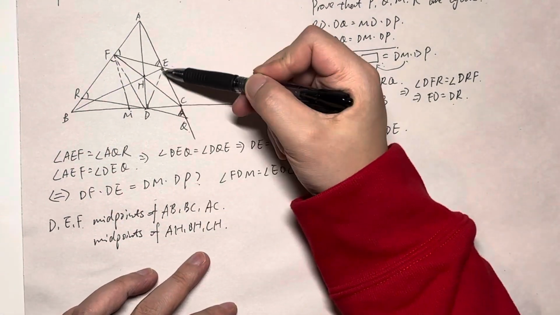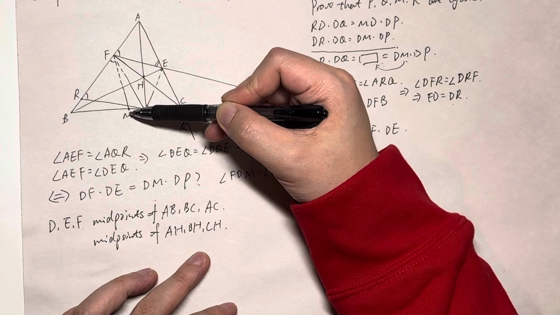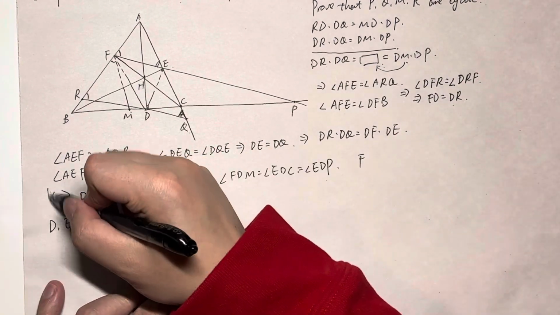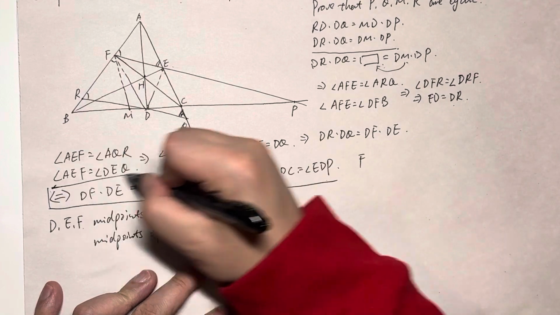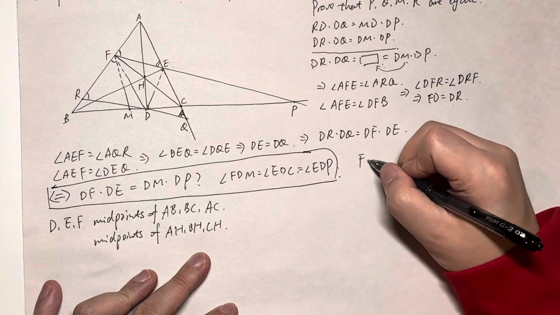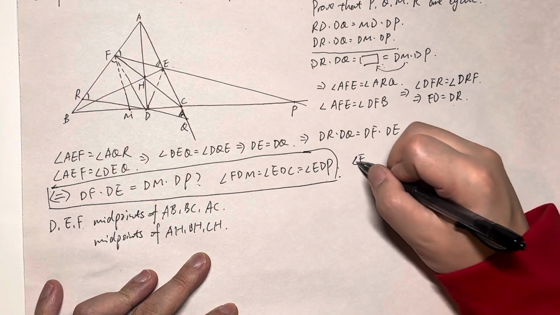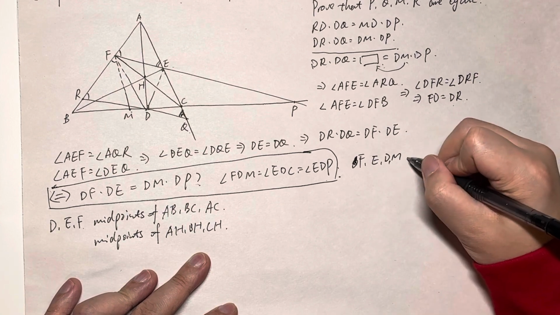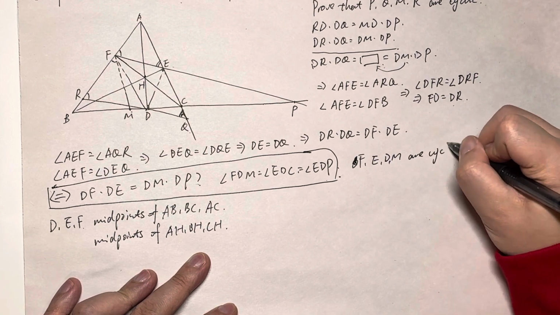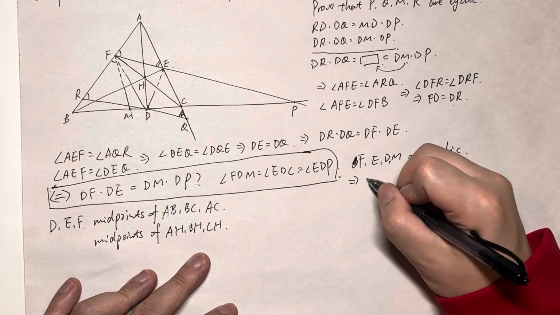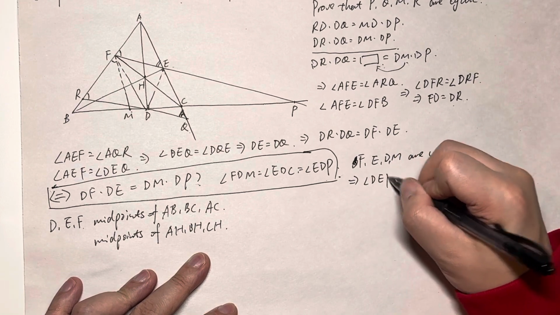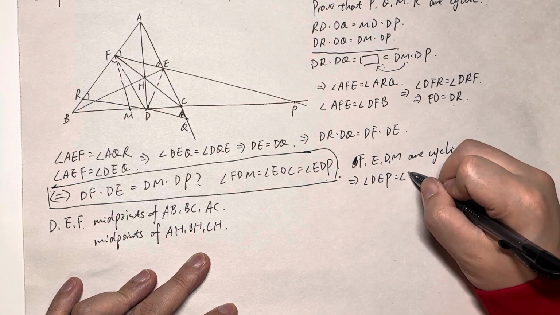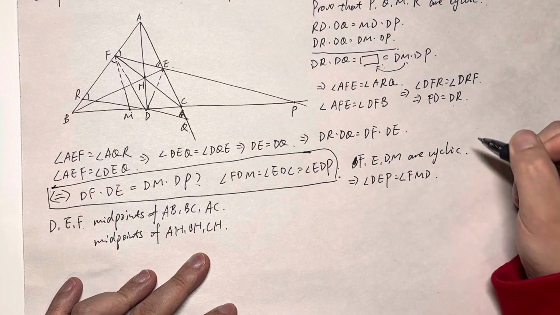We know that FEDM are cyclic, which means, so these are the target, right? We know that FEDM are cyclic, which means angle DEP equals to angle FMD, right?